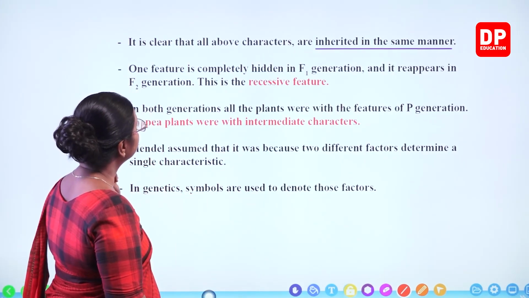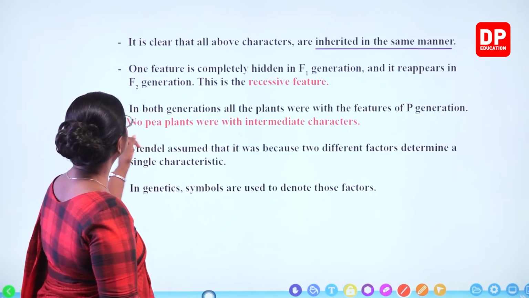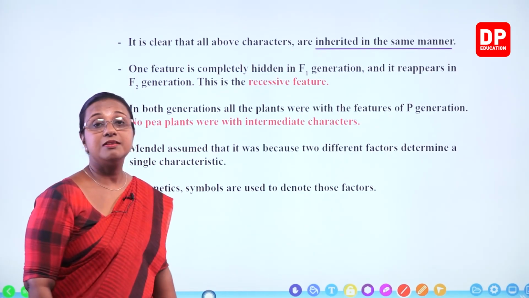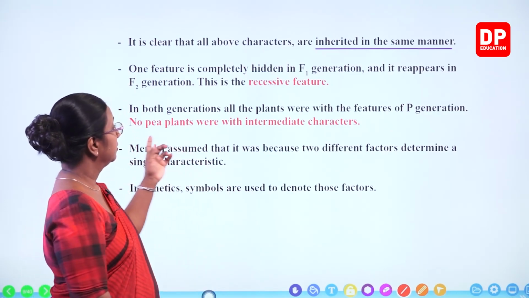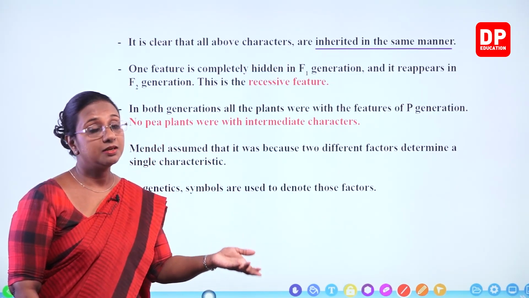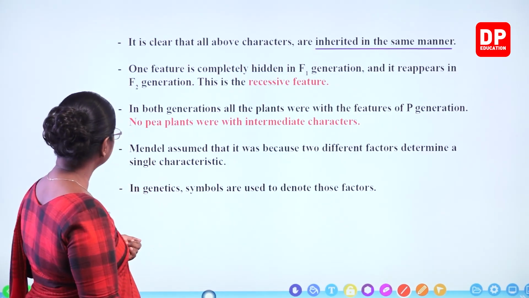One feature is completely hidden in F1 generation and it appears in F2 generation. That is what we call as recessive feature or recessive character. Short character, white color flowers, terminal flowers, all those are recessive characters.